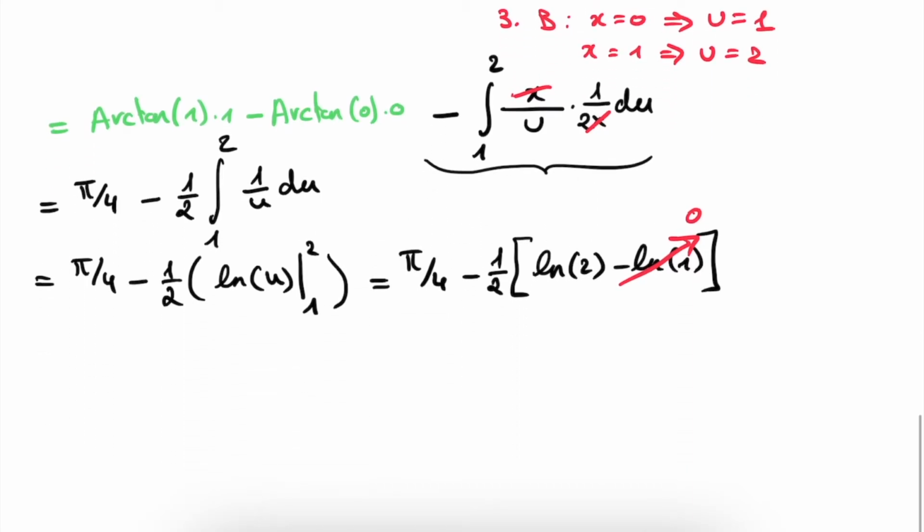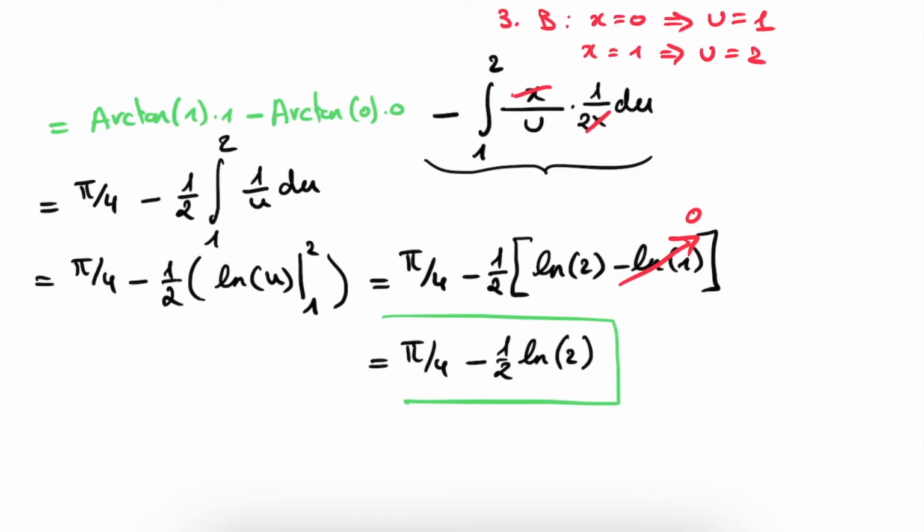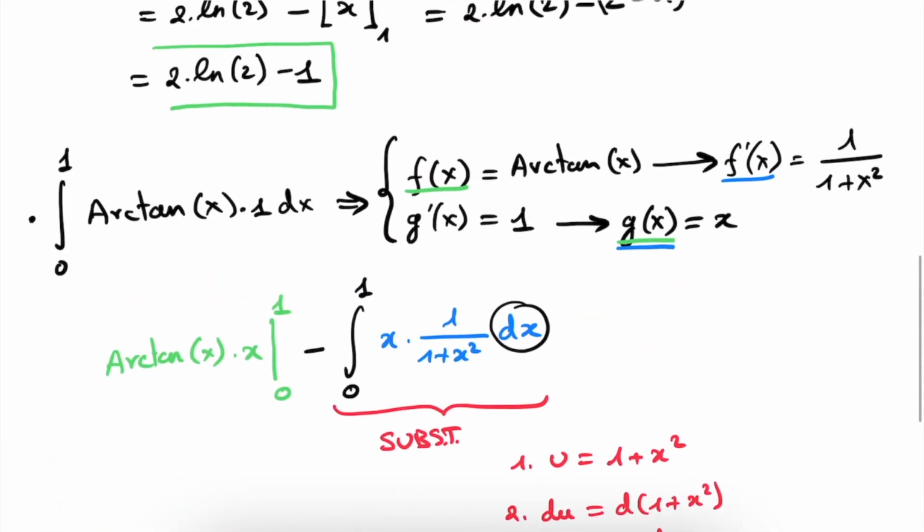So our final solution becomes pi over 4 minus 1/2 the logarithm of 2. And this is our solution for the integral that we initially had, the integral of the arctangent of x between 0 and 1. And again, we showed that we can use partial integration even for integrals with only one function inside of them.